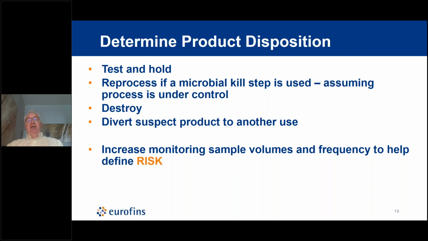But if you do that, now you become under another regulatory expectation, and that's the preventive controls for animal feed rule. In any case, you really should increase monitoring of your sample volumes and the frequency you're collecting to further help you define risk of your products and your processes.